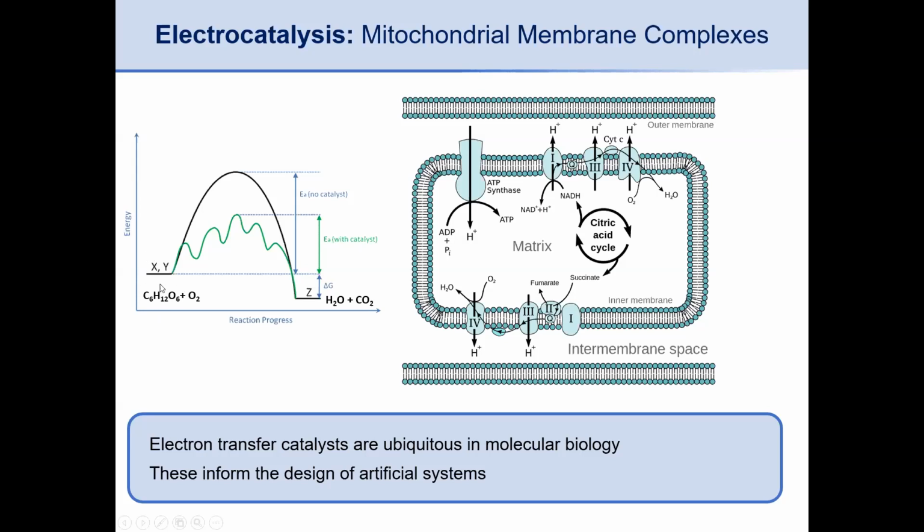So I guess the best way to think of what an electron transfer catalyst actually does is to look at a reaction coordinate diagram with energy on the y-axis. So we're going from reactants to products, but ordinarily we have a very high activation barrier here.